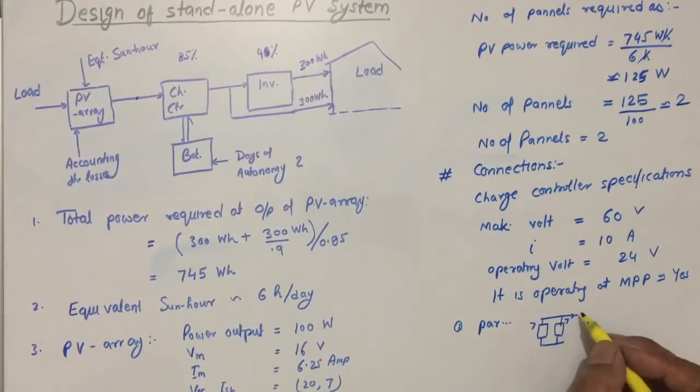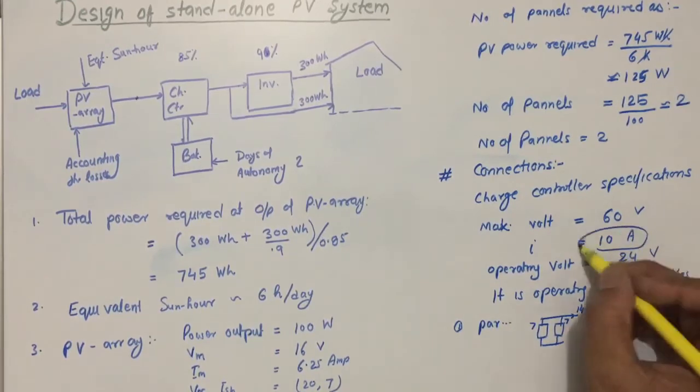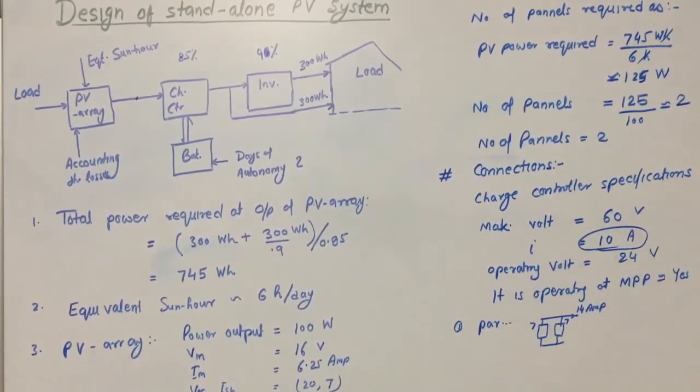So the rating here should be 14 ampere. But the charge controller can operate up to 10 ampere. So this connection is not possible. In this way we can decide that parallel connection is not favorable. So we will go for series connection.